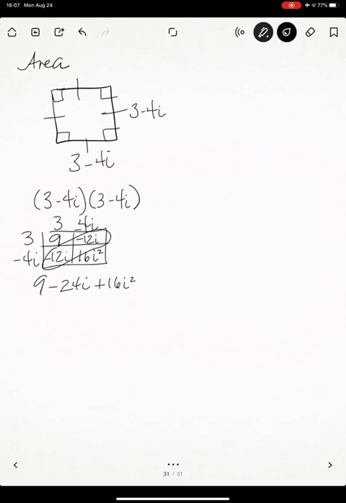Remember, i squared is negative 1, so we're going to change that i squared to a negative 1 and make that 16 times negative 1. That becomes 9 minus 24i minus 16. And then we're going to put our like terms together, negative 16 and 9, and get negative 7 minus 24i, and again, that's in square units.